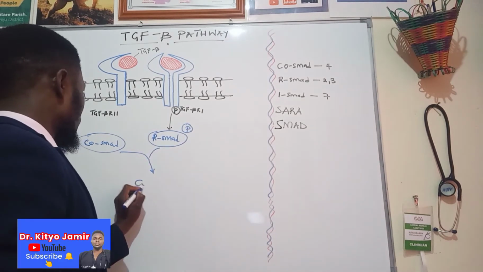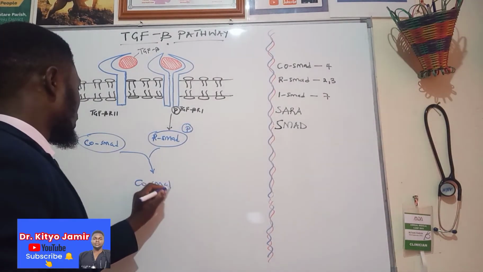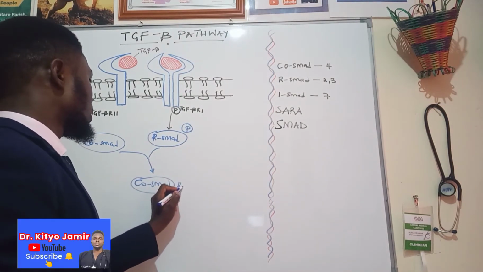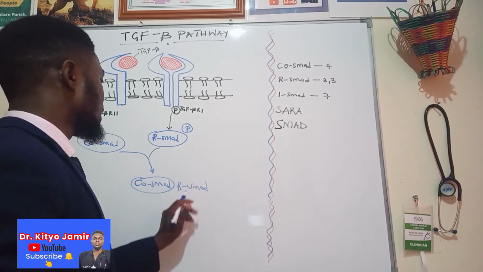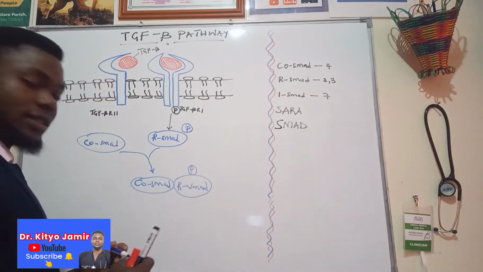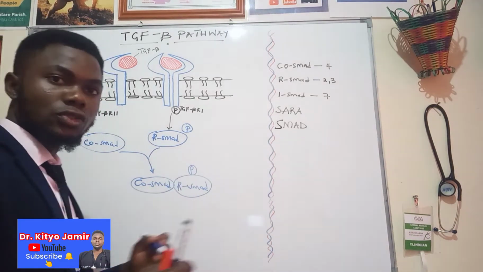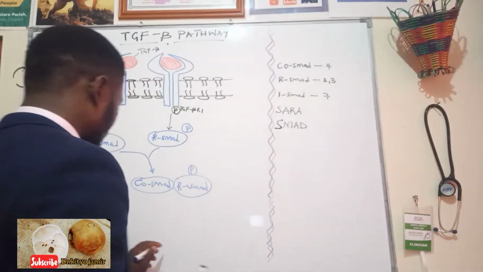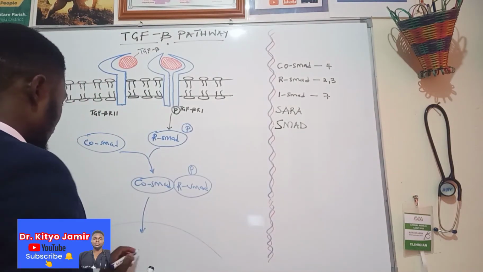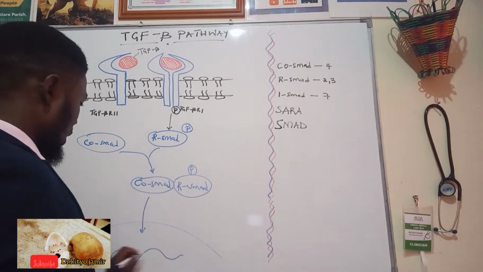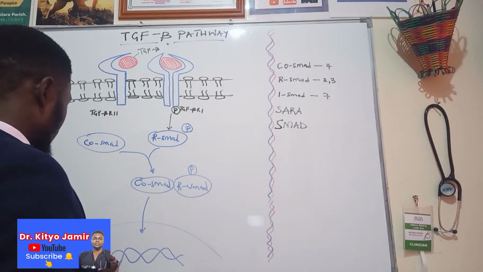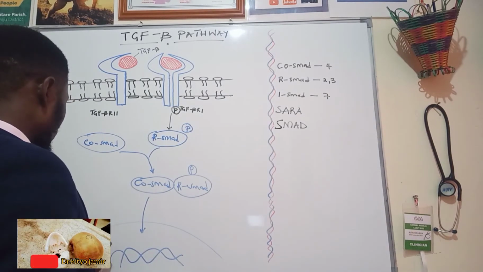So this complex is going to be COSMAD, which we saw as SMAD4, then receptor-regulated SMAD, which is SMAD2 and SMAD3. So once this complex is formed, it is going to translocate into the nucleus, and it's going to bind to our transcriptional DNA, and it's going to trigger transcription.